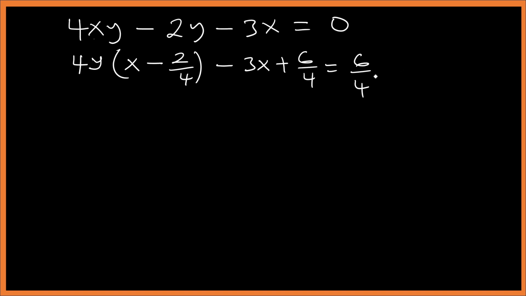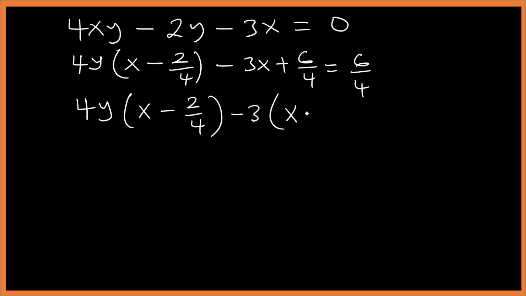Okay, all right. Now this side will be 4y times x minus 2 on 4. Okay, all right. Now let me take minus 3 out here, which I will leave with x minus 2 on 4, because minus 3 times x is minus 3x, minus 3 times minus 2 on 4 will be plus 6 on 4, equals 6 on 4.